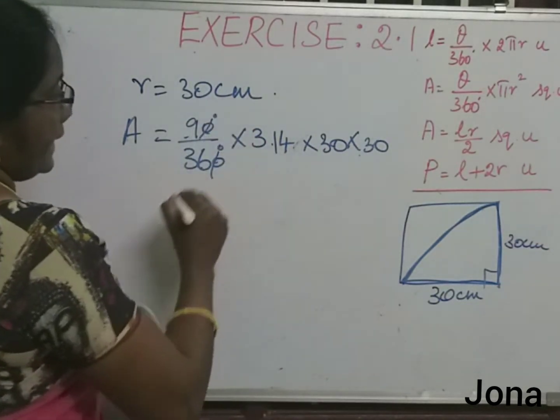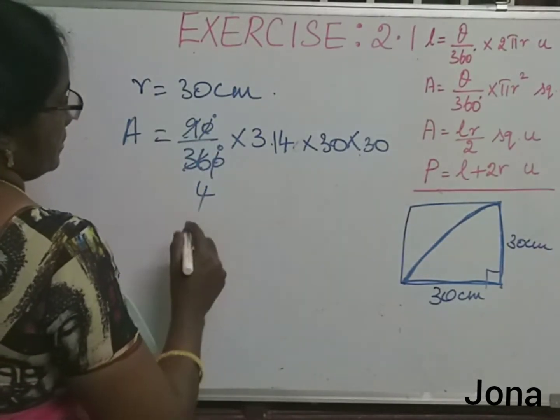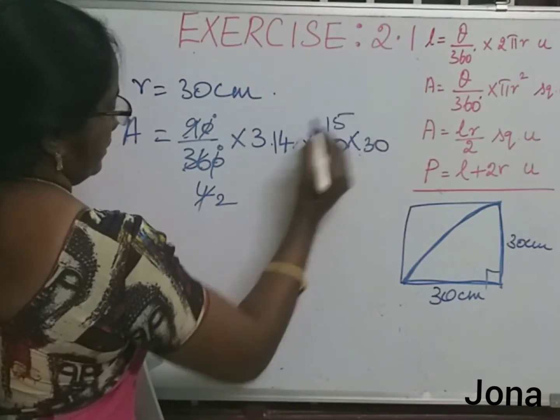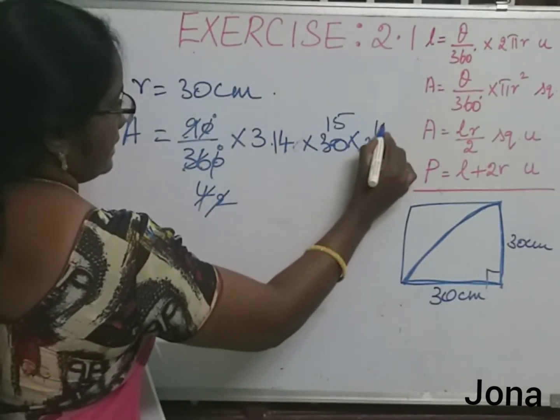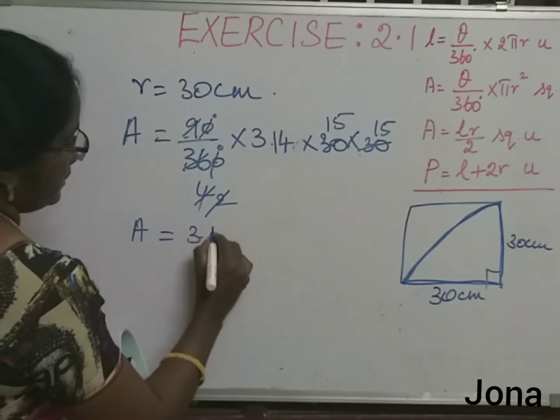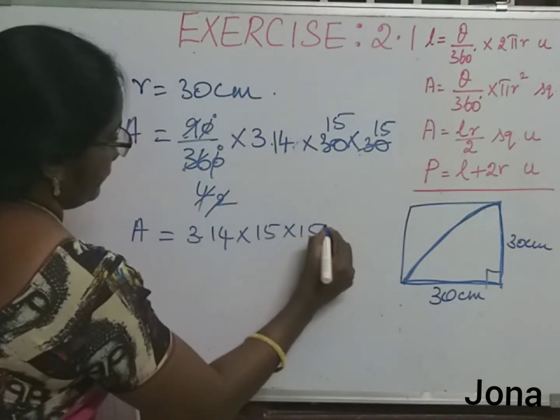So we can cancel here and here, 4 times. And then here 2 times, that is 15. Again I can cancel this as 15. So we have A equals 3.14 into 15 into 15.